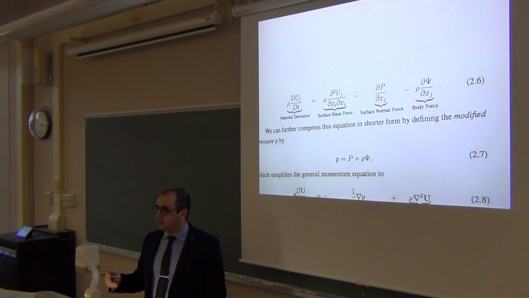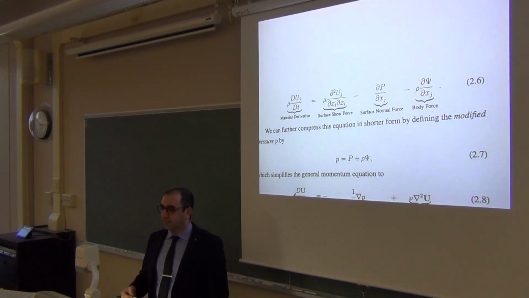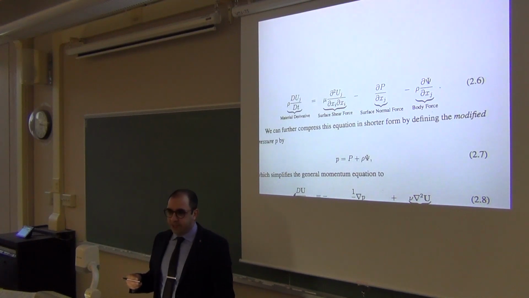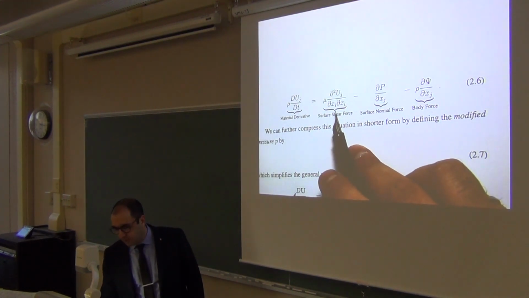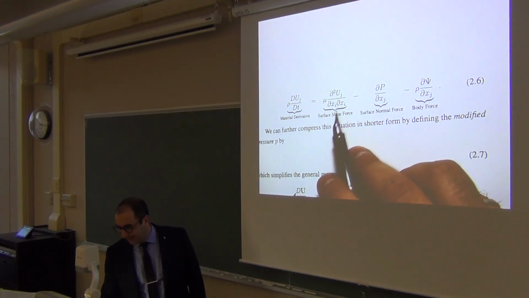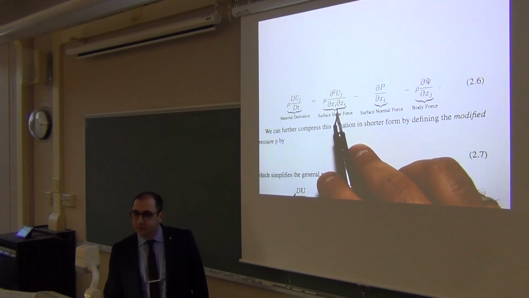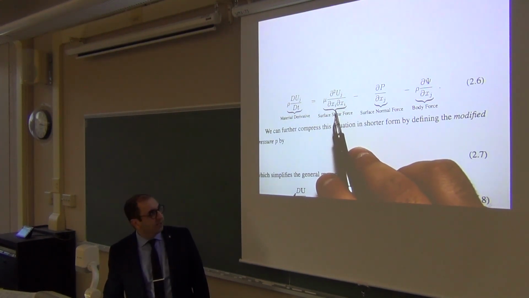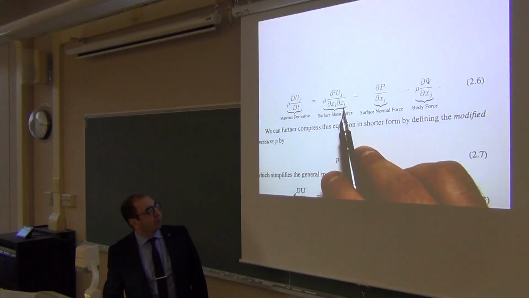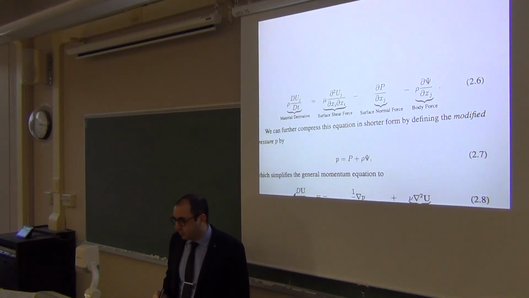Have you heard of the Einstein notation in derivatives? It's in the appendix. If you check the Einstein notation in the appendix, it will tell you how to interpret this type of derivative. Basically, if one index repeats, you apply that for all of the possible components.